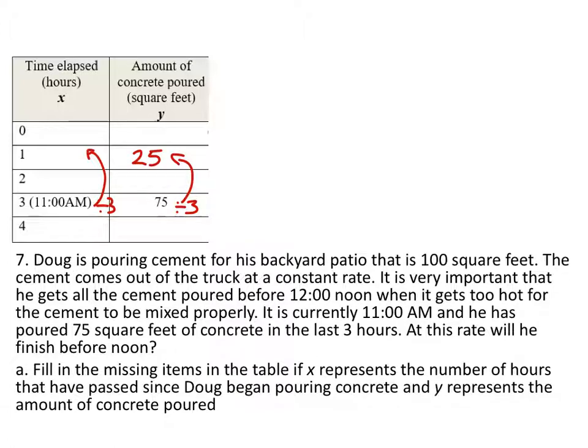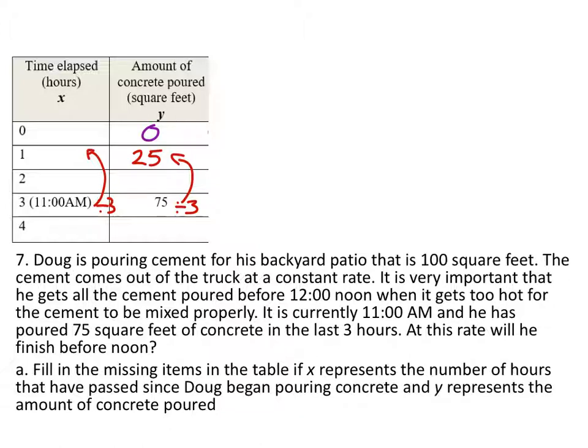So that means after the first hour, Doug had poured 25 square feet of concrete. Now we could also just kind of assume and look at this. Of course, if 0 hours have elapsed, then we would expect there to be 0 square feet of concrete that have been poured.